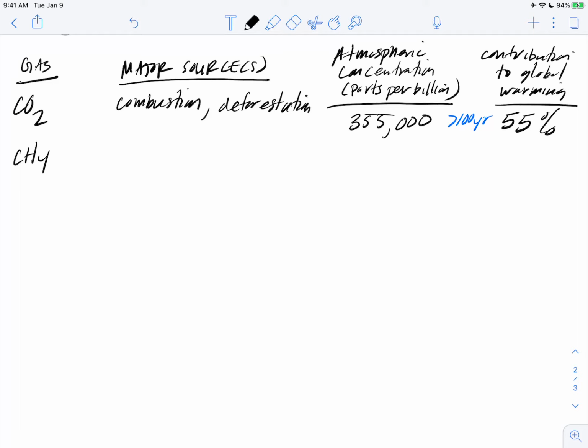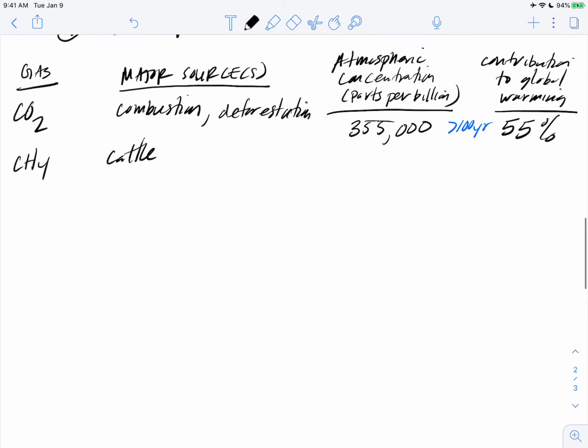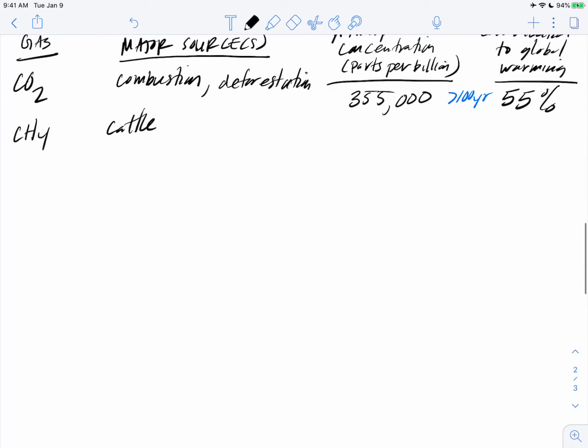Methane, or CH4, we get that a lot from cattle. So cattle has a big contribution to our global warming. And so we see that cattle, it turns out, has three stomachs, and part of their digestion process includes lots of methane farts.